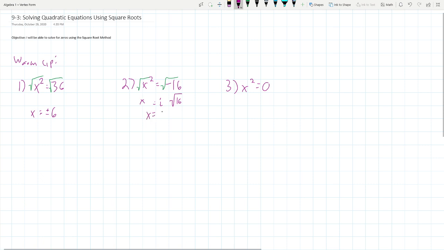It winds up being plus or minus 4i, and we typically write this with the coefficient out front followed by the i. I didn't do this with number 1, but with this one, there are actually no real solutions. For number 1, there are 2 real solutions.